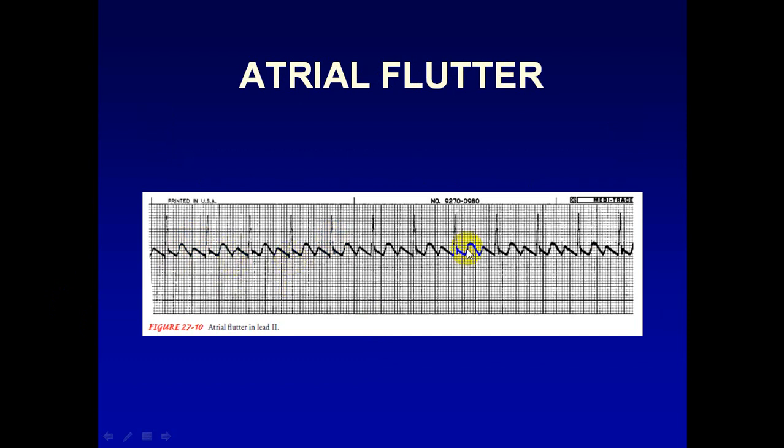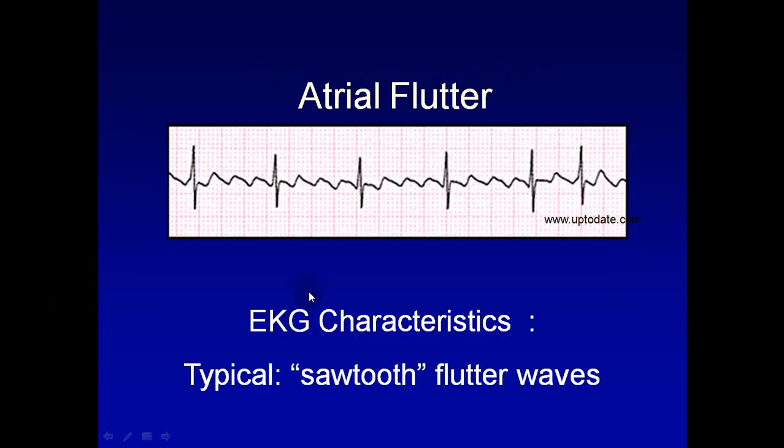There is a flutter wave, sawtooth appearance, and the QRS complex is normal, no PR, so it's called atrial flutter. The ECG characteristic of atrial flutter is the sawtooth flutter wave, or sawtooth pattern.